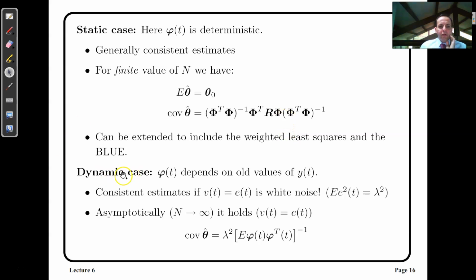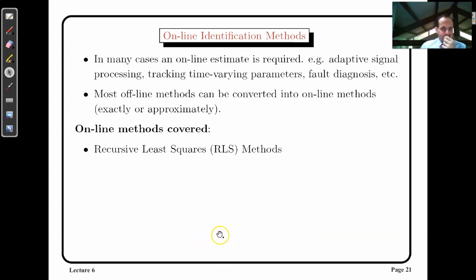And so for the dynamic case, we saw that we can obtain the same solution, especially if the noise affecting the data is a white noise, and we also obtain consistent estimates when the number of data tends to infinity. So the accuracy of our solution is directly affected by the noise.